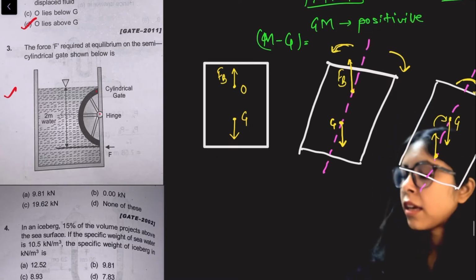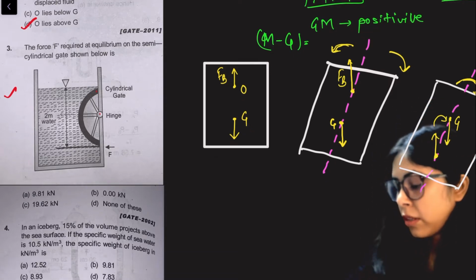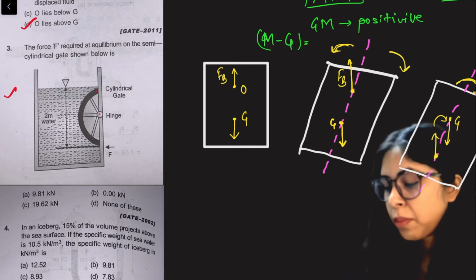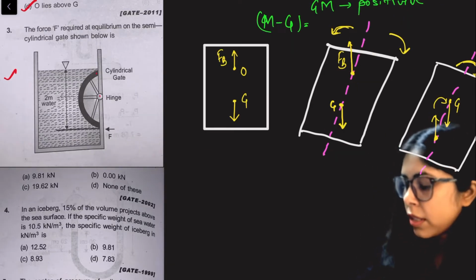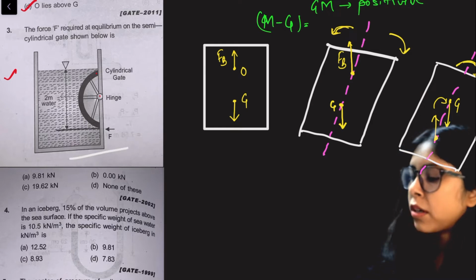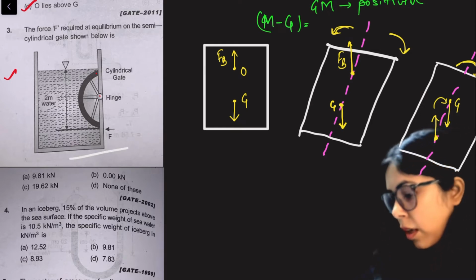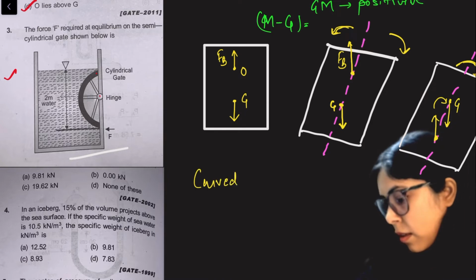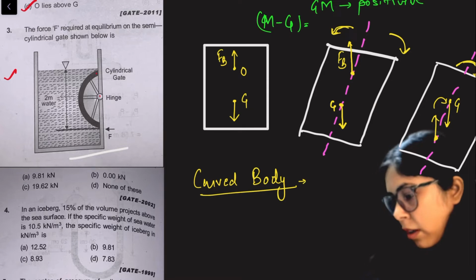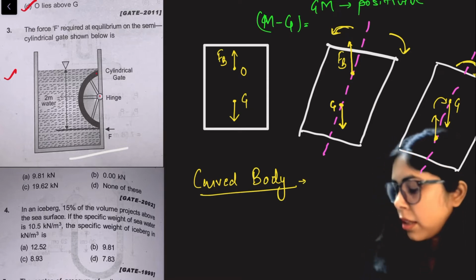So it is the case of submerged curved bodies, static force on curved bodies. It is a curved body submerged in water, and I want the hydrostatic force in this condition.